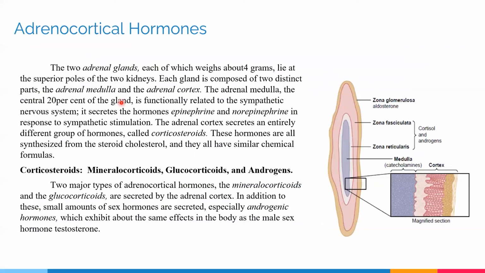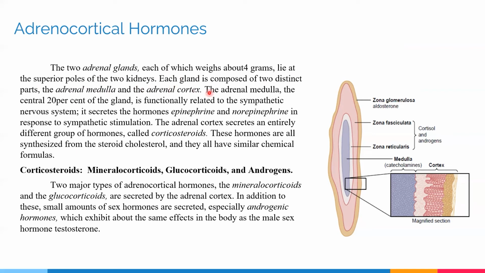Next, we move on to the adrenocortical hormones. The two adrenal glands, which weigh about 4 grams each, lie at the superior poles of the two kidneys.